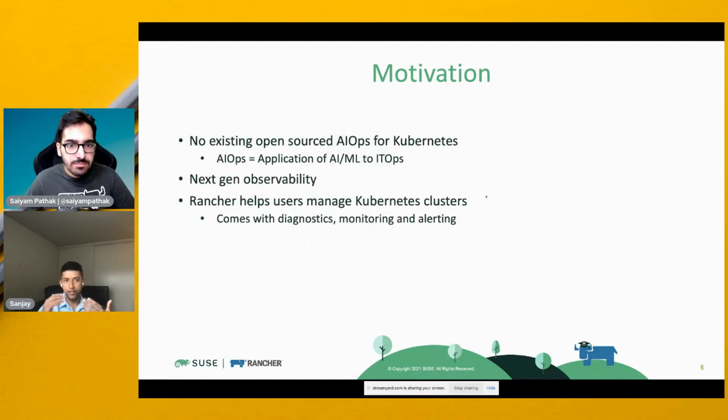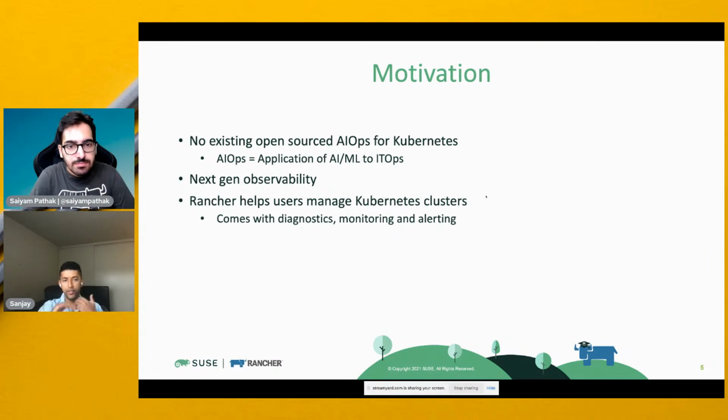So additional motivation is that there is no existing open source AIOps for Kubernetes. AIOps, if you are not familiar, is the application of AI and machine learning to IT operations.